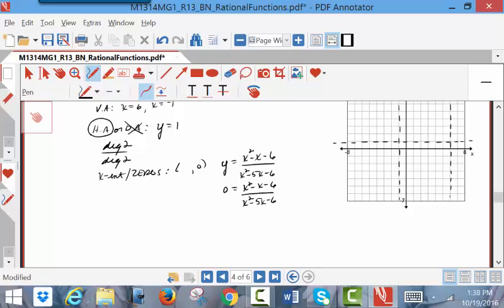Now at this point you're probably thinking, I have no clue how to do this algebraically. Absolutely no idea. But it's not difficult, because all you need to do is once again cross multiply. So put your 0 over 1, and when you cross multiply, you'll get 0 equaling 1 times x squared minus x minus 6.